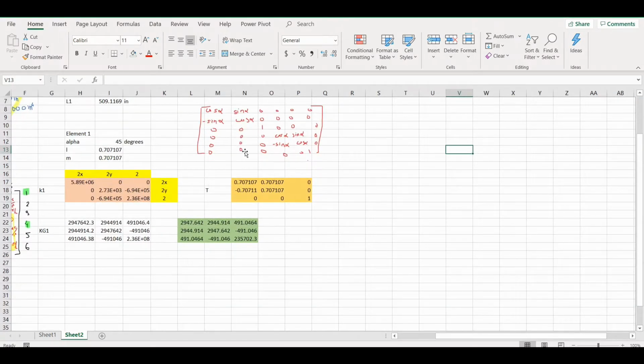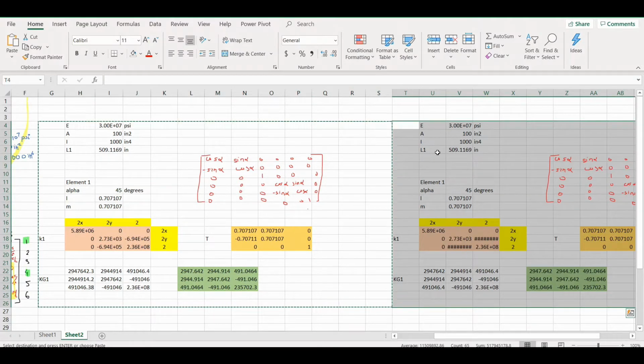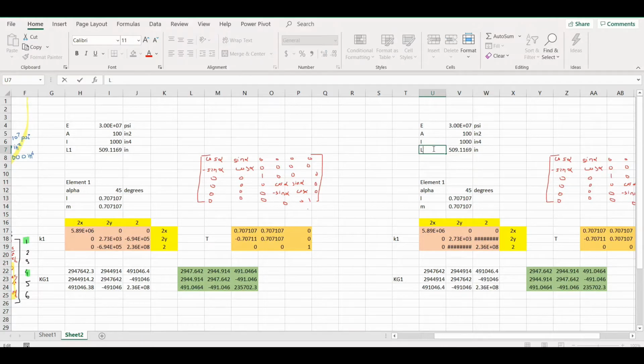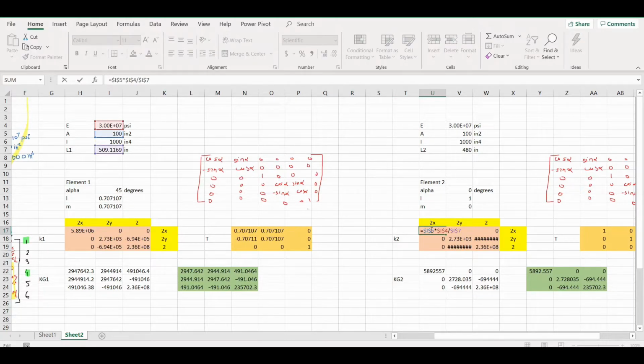Now for element number 2 here, copy all of this, just paste it here. Now write here L2, which equals 480 inches. We'll change this to element 2, make this one 0, this one K2, this is KG2. Since I've logged this, it is just looking at these values here. So I'll just change this to here.